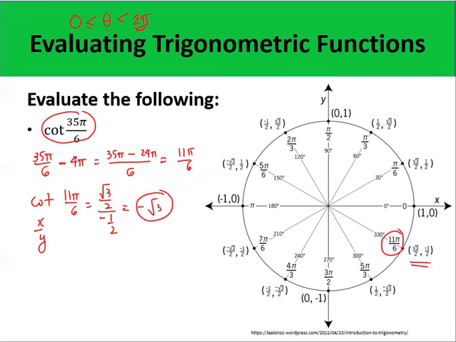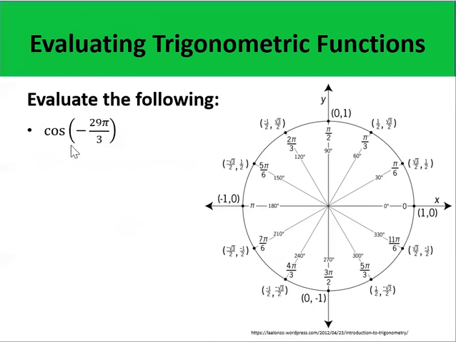Okay, let's have another example here. So let's take a look at cosine of negative 29 pi over 3. So the angle is negative, which means we need to get an angle that is coterminal with this one. So negative 29 pi over 3 is actually negative 9 point something pi. So if this is negative, we need to add a multiple of 2 pi.